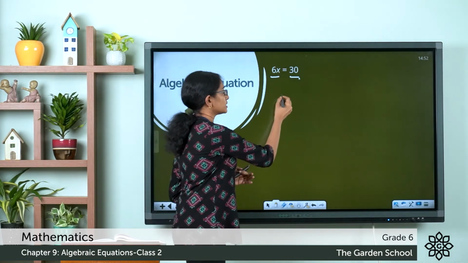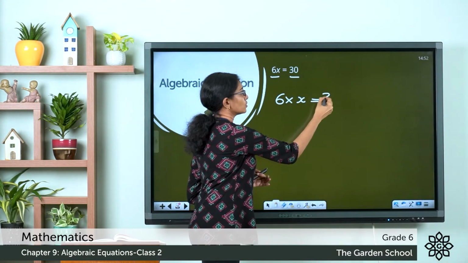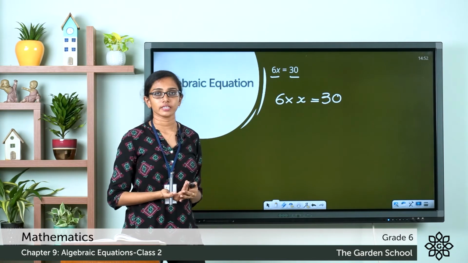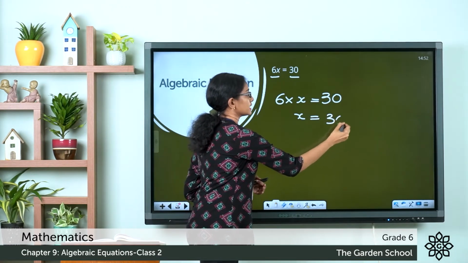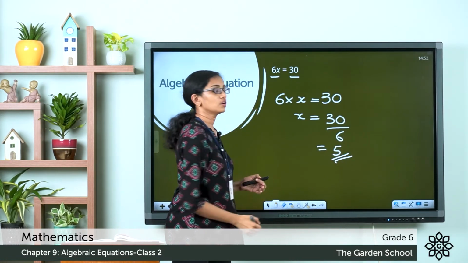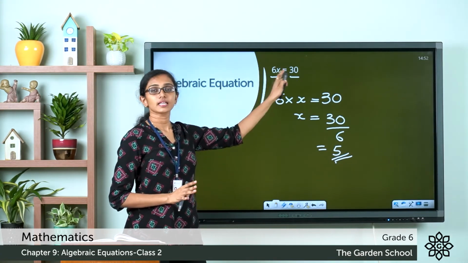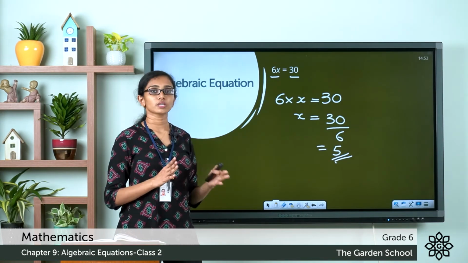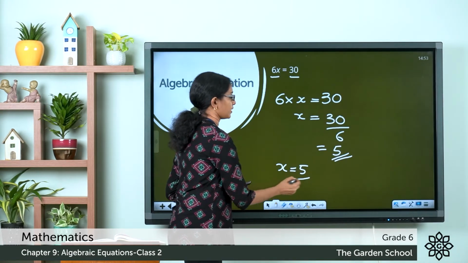So 6x means it is 6 into x, and that is equal to 30. The condition here is 6x must be equal to 30. So how do you find x? You can find x by dividing 30 by 6 and you get the value as 5. Now 5 is the only value for x that satisfies this condition here. So we can say the solution to this equation is x is equal to 5.